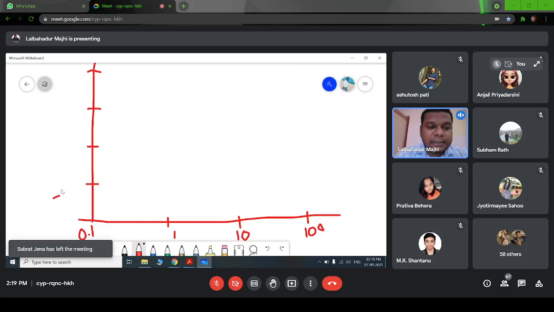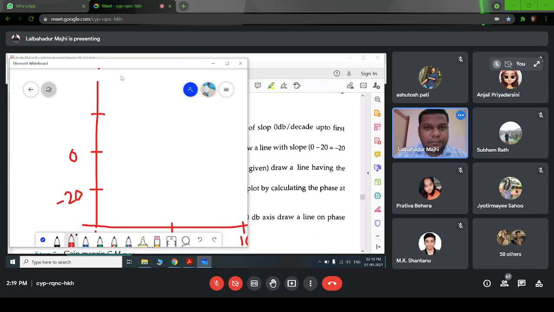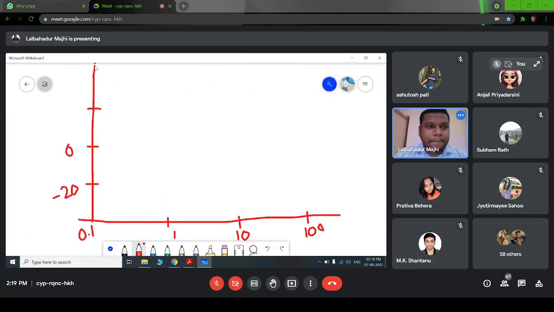So let's say this is minus 20 dB, this is 0 dB, and this is 20, 40, and this is, let's say, 60 dB. So all these are in dB. Okay, and on the x-axis it is radian per second.